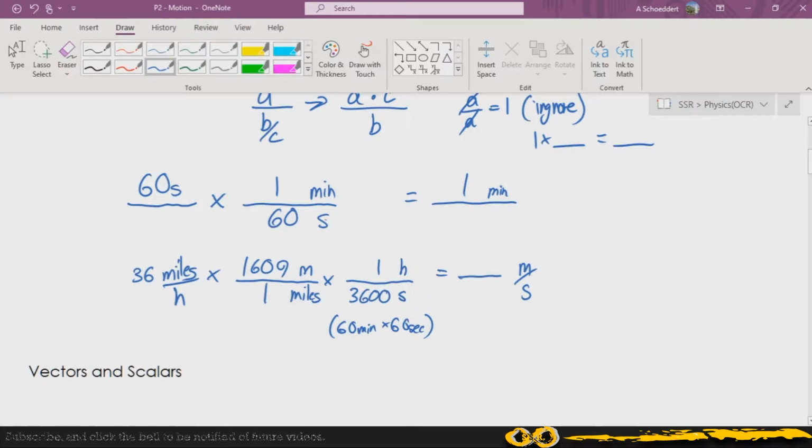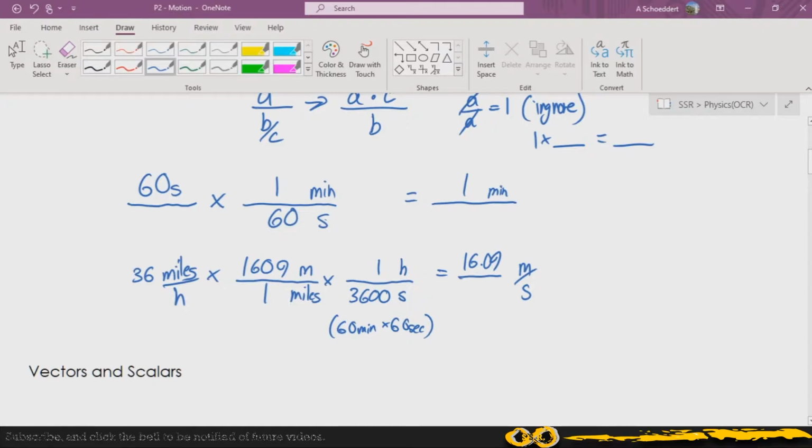The equation that we're actually doing is 36 miles times 1,609 meters, and then that answer divided by 3,600 seconds. However, I recommend that you actually put it into your calculator with these fractions, obviously not with the units, but then you're able to find out what your correct answer is, and you really make yourself understand the process that you're going through. And when you do this, you end up with 16.09 meters per second in this particular instance.